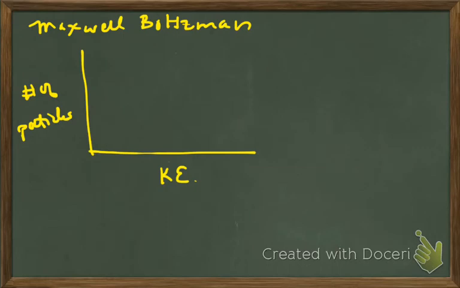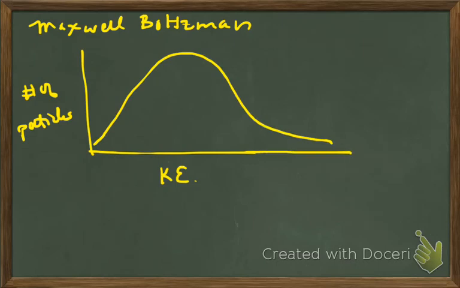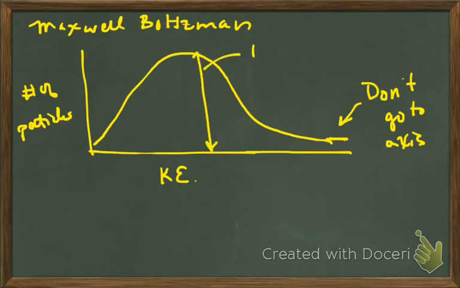Okay. And what we look for is this. And remember, this is the one where you cannot draw this to the line, otherwise they take points off. Okay. So don't go to the axes on this one, because you'll lose marks. All right, your average kinetic energy is somewhere here.